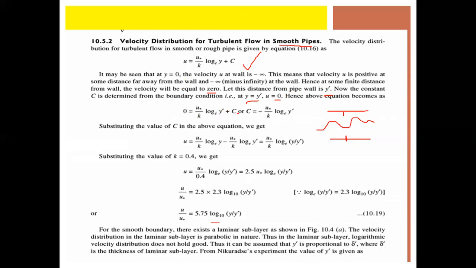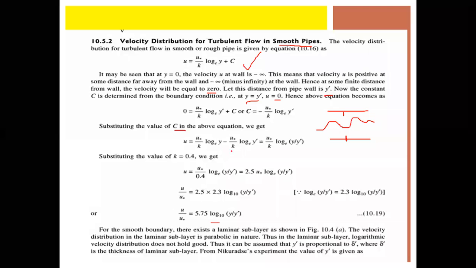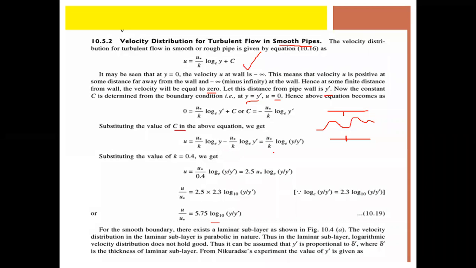Or how else can we write it? Keeping the constant c aside, if we bring this to the other side, c is equal to minus u star by k into log e into y dash. Now substituting the value of c in the above equation, what we get is u is equal to u star by k log e y minus u star by k log e y dash, which is equal to u star by k taken common, log e into y by y dash.